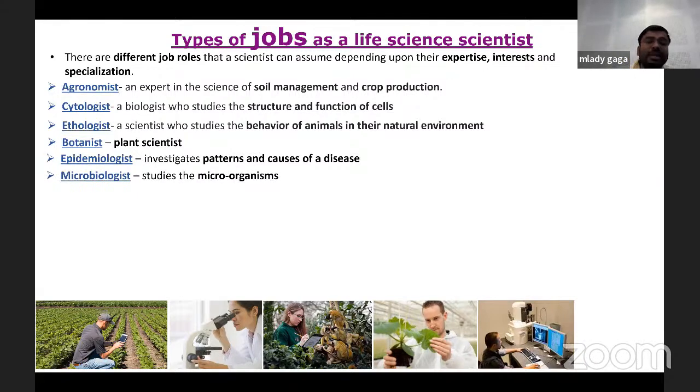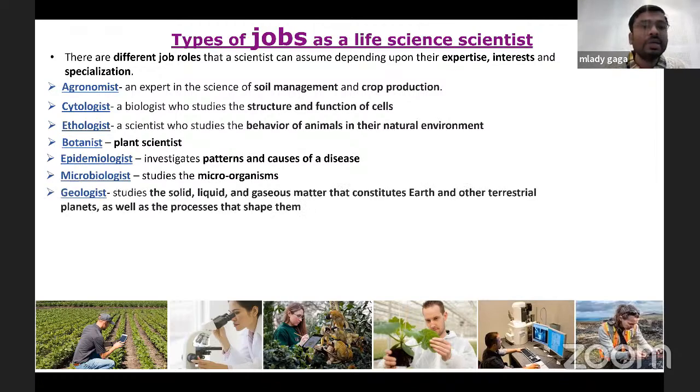A microbiologist studies how microbial organisms are shaped and how they interact with others, and so on. Then a geologist can work on solid, liquid, and gaseous matter, the earth and other terrestrial planets, and the processes that shape them and how they interact with life forms.